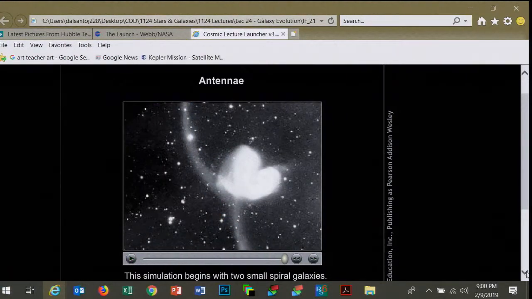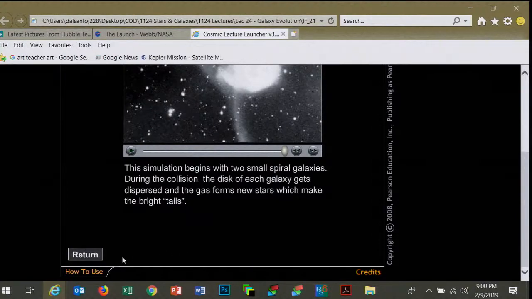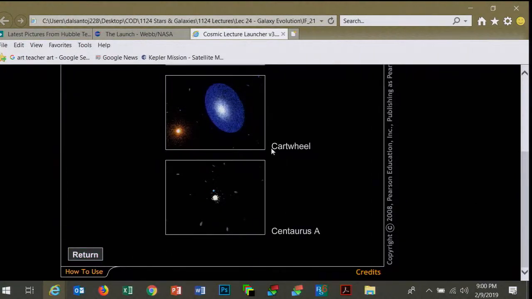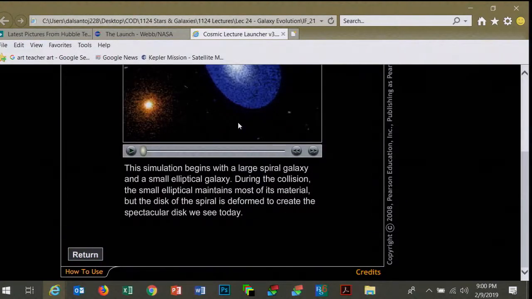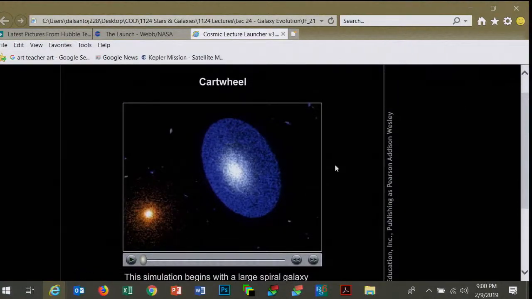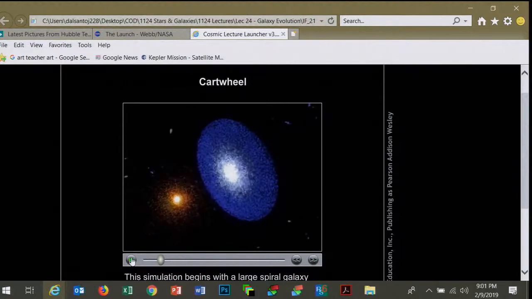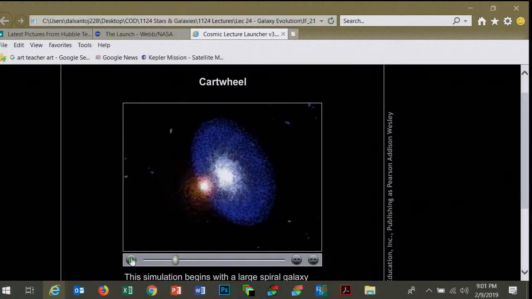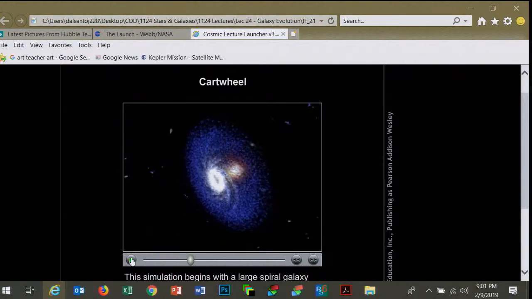But let's go back now just briefly to show you a little different example of a little different simulation. Here we're going to have a small elliptical and a large spiral. Who do you think is going to win that battle? Okay, here comes our elliptical. It's going to punch a hole right through the center of the big spiral. Notice the different colors indicating, again, temperatures and ages and masses.